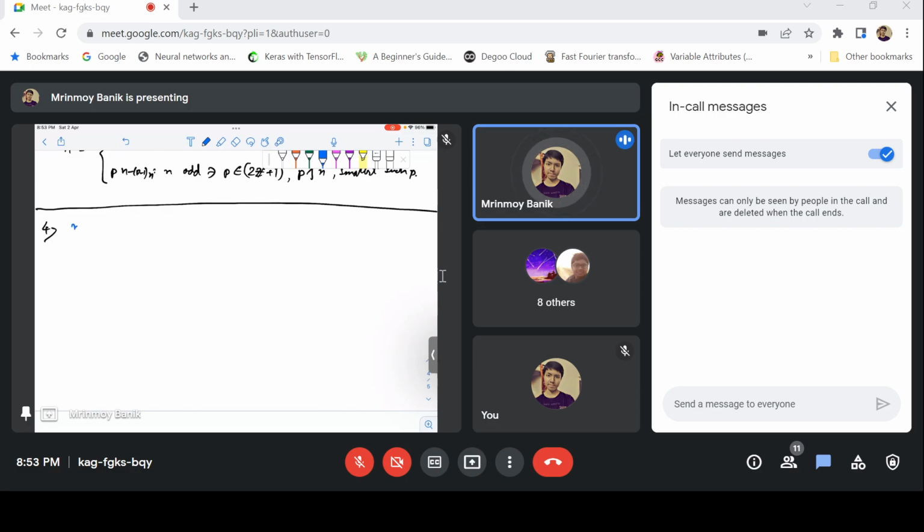Now we have the fourth one. This one says n and k are two natural numbers, and a1 up through am and b1 up through bk are positive integers. So the ai's and bi's are all integers. We are also given this equation that the sum over ai to the power 1 by n is equal to the sum over bi to the power 1 by n.